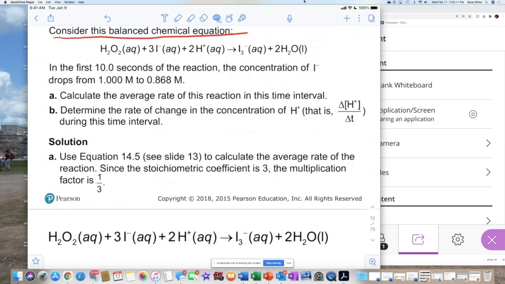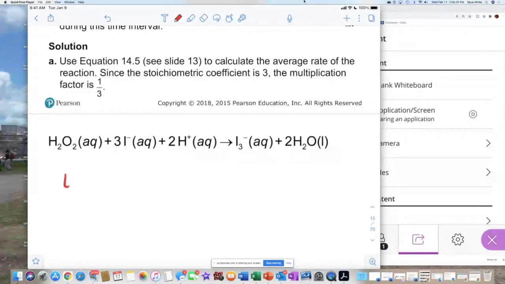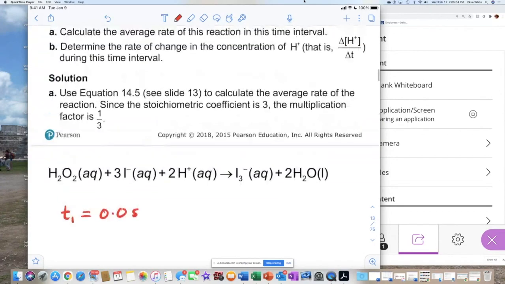What are they saying? In the first 10 seconds of the reaction, the concentration of I minus drops from 1.000 molar to 0.868 molar. Okay, that means if it's the first 10 seconds, that means the initial time was 0.0 seconds.